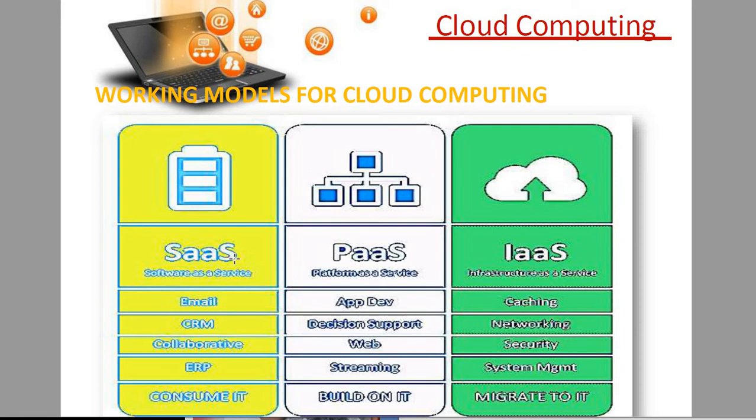And IaaS, infrastructure as a service: those who need networking, security, these kinds of things happen on IaaS. So with SaaS you work as a consumer, with PaaS you work as a builder, and with IaaS you migrate the services.